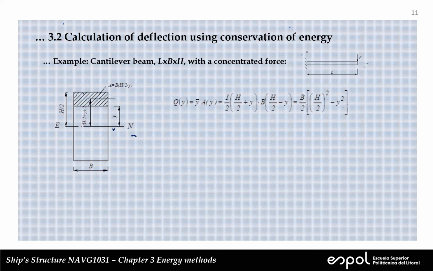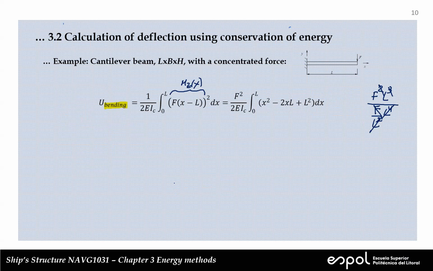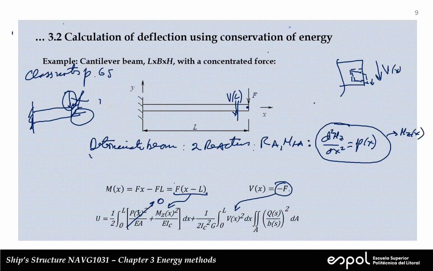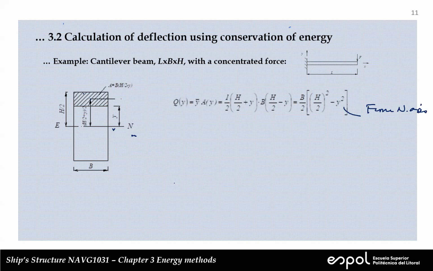Remember, this y is measured from the neutral axis. This is something that we employed in the previous chapter 2. Let me go back. One more: we have the integral over the section of Q squared over b dA. So that's an integration that we have to complete.